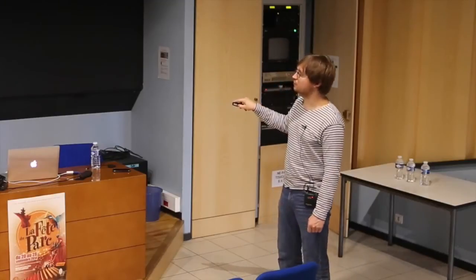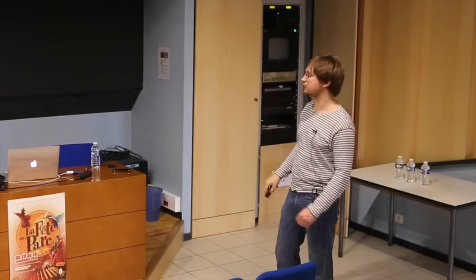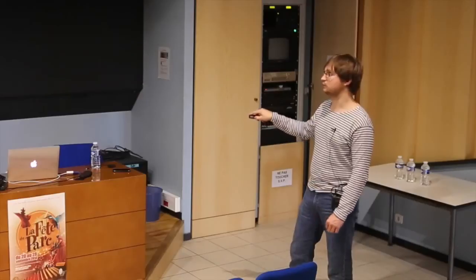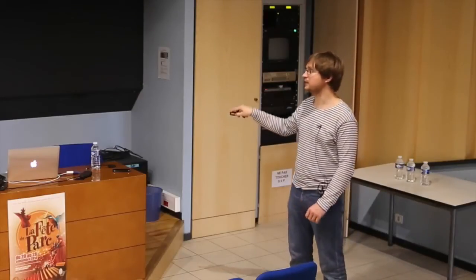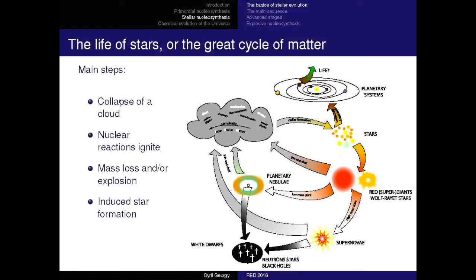But there is a small remnant at the end that is called a white dwarf that goes to the cemetery of stars. That is matter that is trapped in an object, here for example a white dwarf, and that cannot be used anymore to enrich the universe.